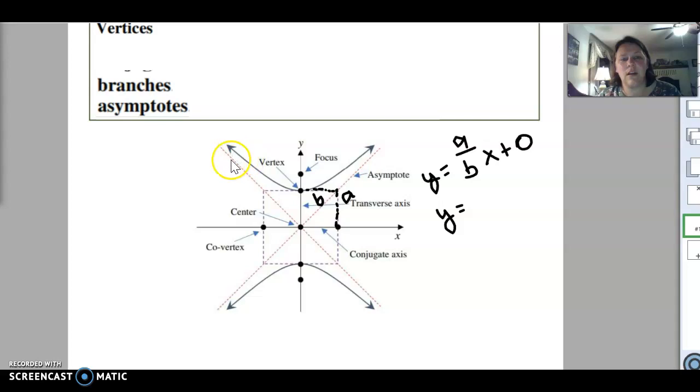The other asymptote would have the same slope, just negative, so it's going to be negative A over B x. So the asymptotes for this type of equation are going to equal plus or minus A over B x.